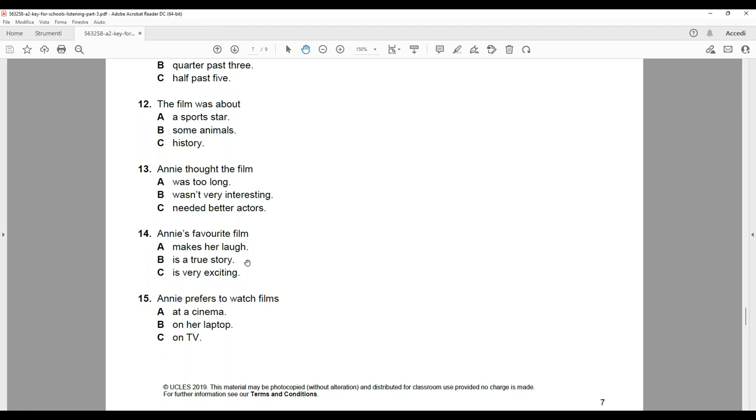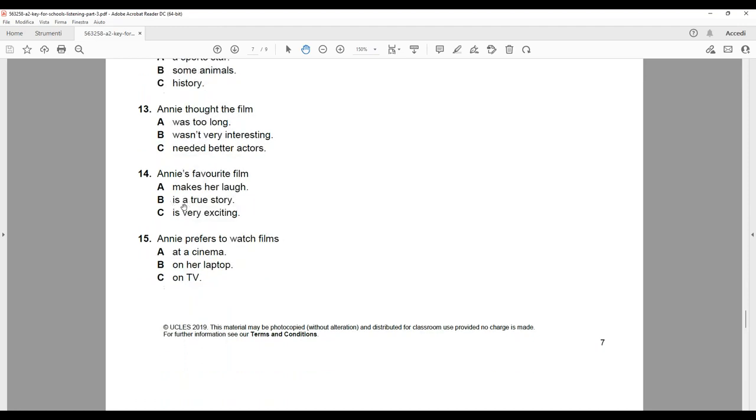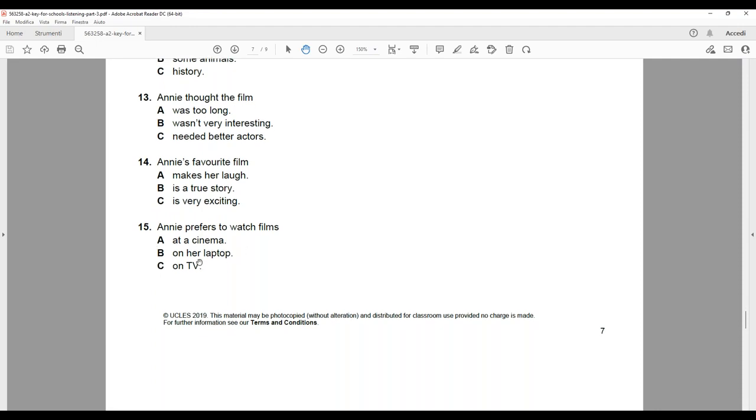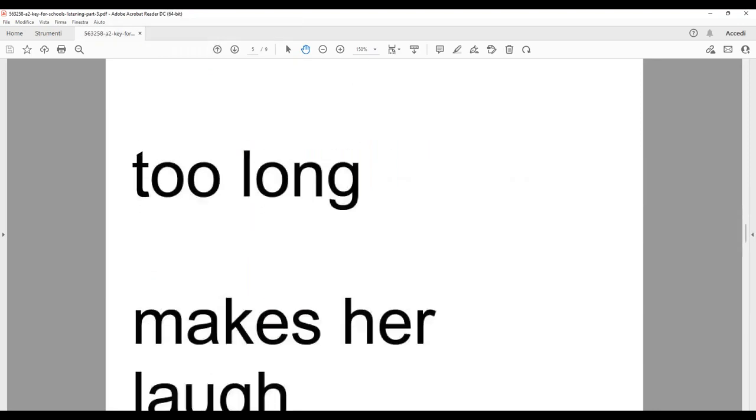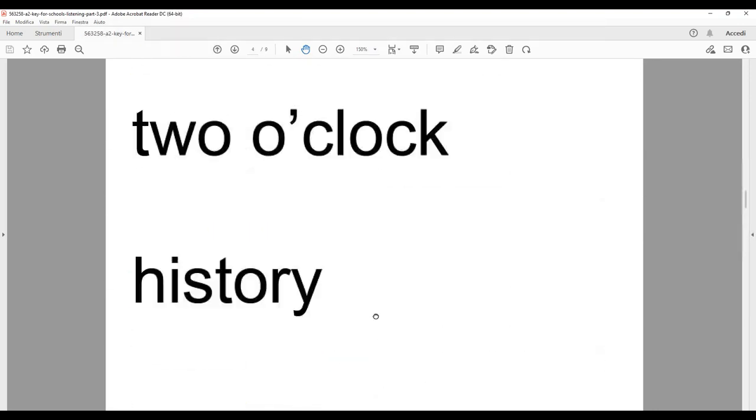And his favorite film, 14 was B, is a true story. Okay. Remember, Annie talks about her favorite film, and it's a true story. Annie prefers to watch films, 15A, at the cinema, right? She prefers to watch films at the cinema. Okay, so I hope that this listening was easy enough for you.